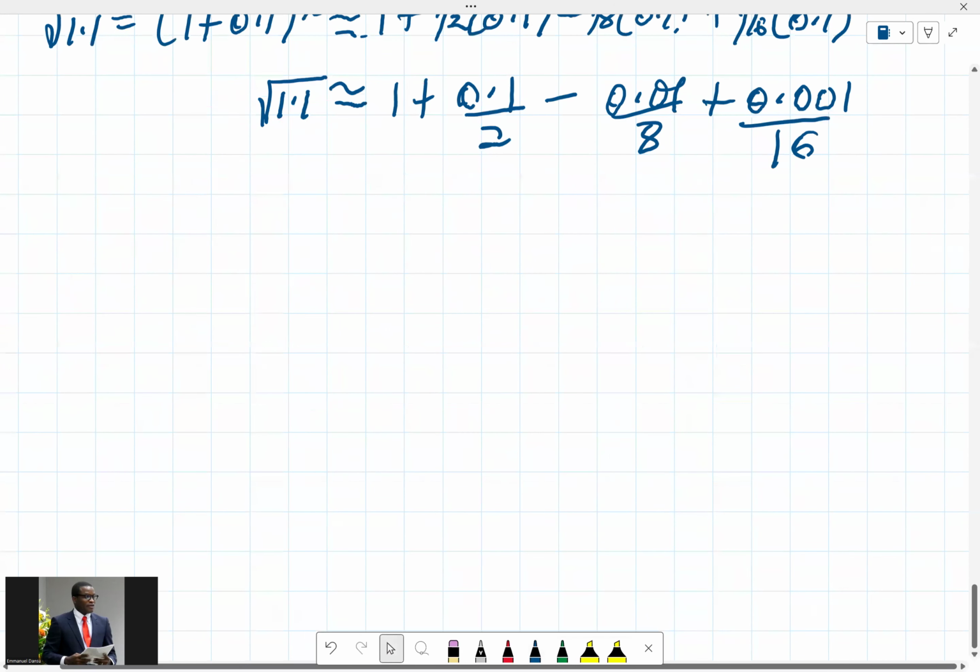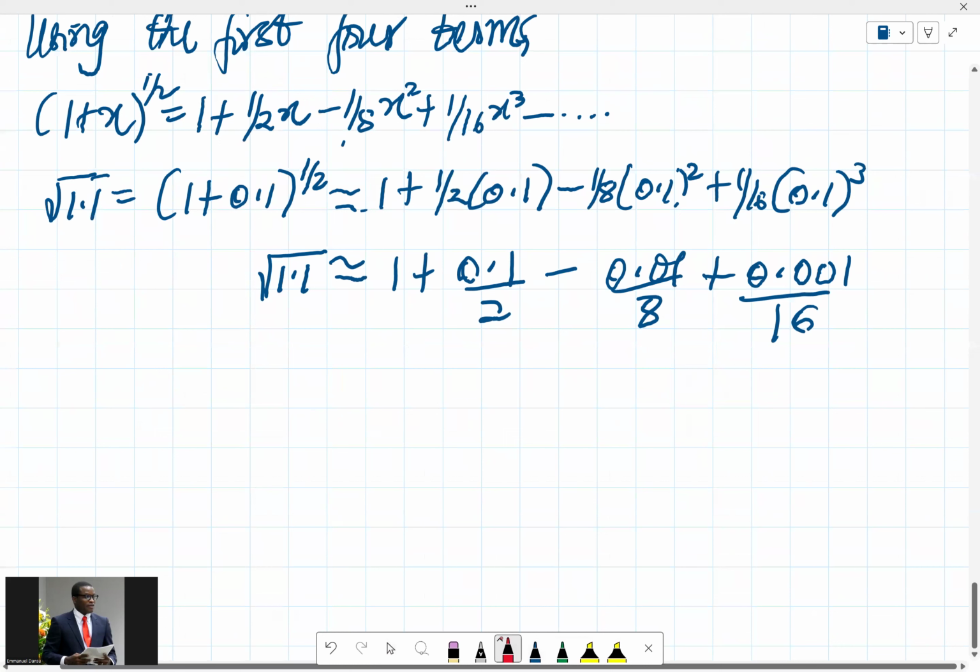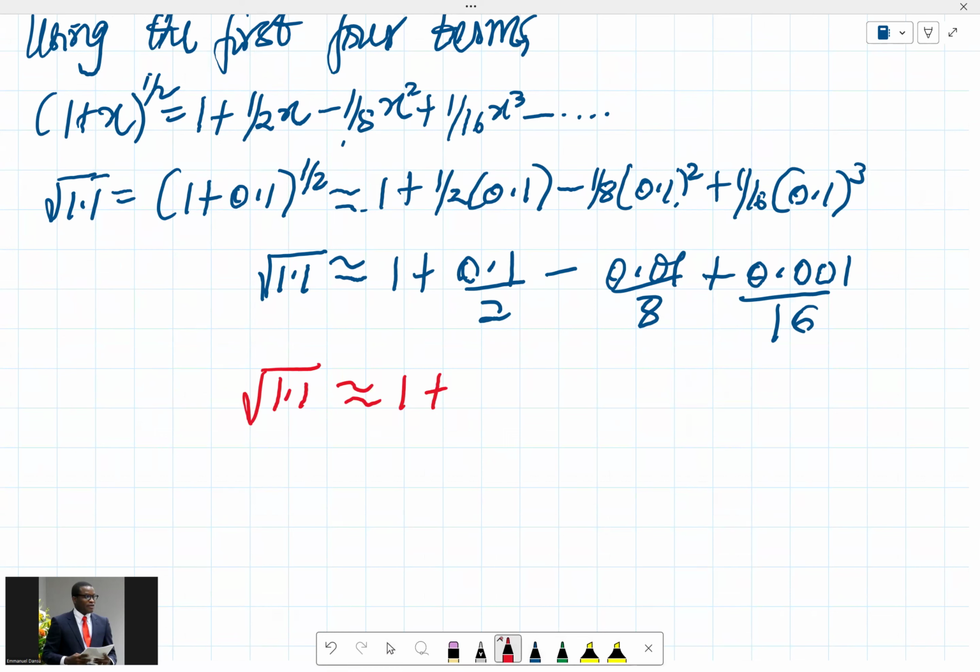So it means that square root of 1.1 is approximately 1 plus 0.1 divided by 2, which is 0.05, minus 0.01 divided by 8, that is 0.00125, then plus 0.0000 25.